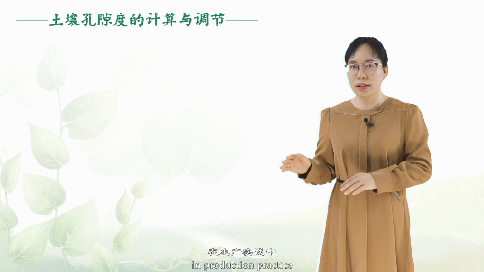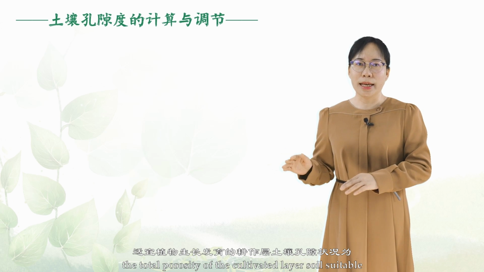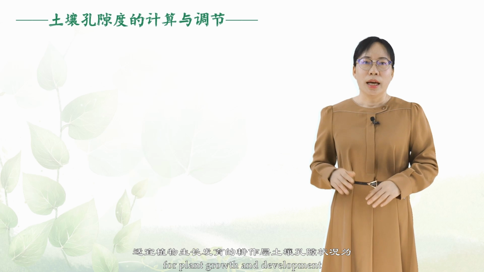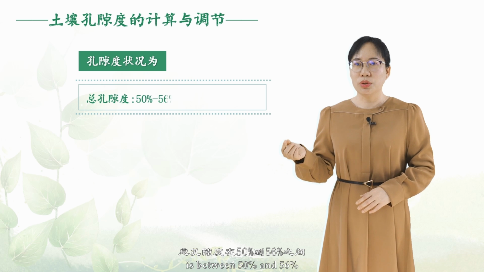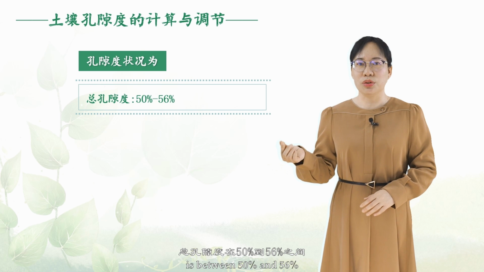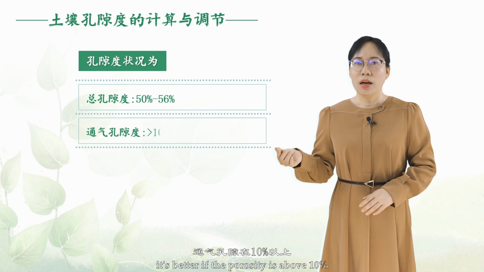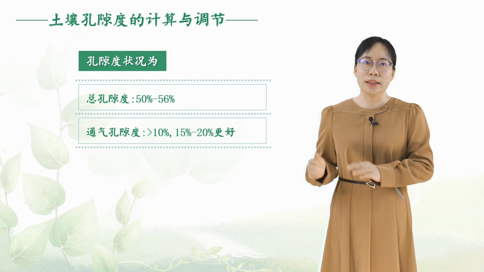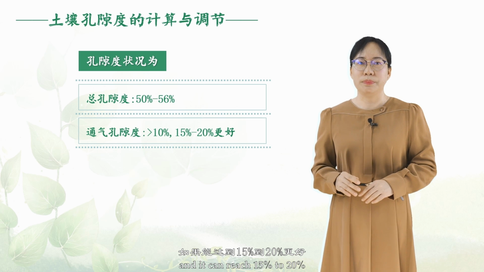In production practice, the total porosity of the cultivated layer soil suitable for plant growth and development is between 50% and 56%. It's better if the aeration porosity is above 10%, and it can reach 15% to 20%.